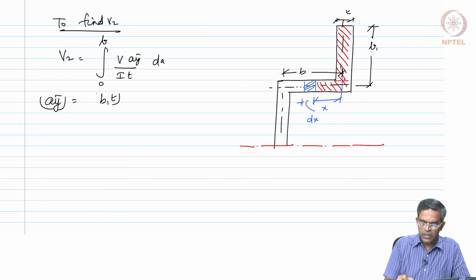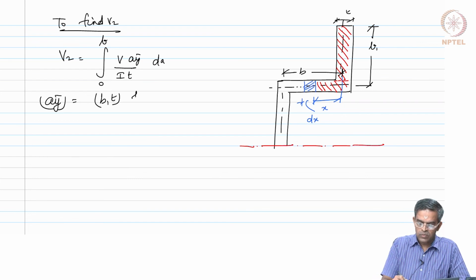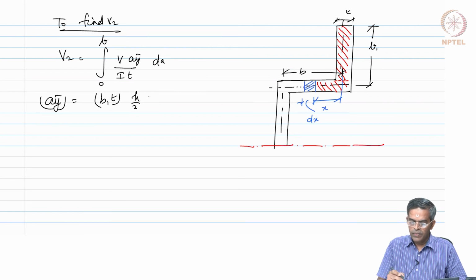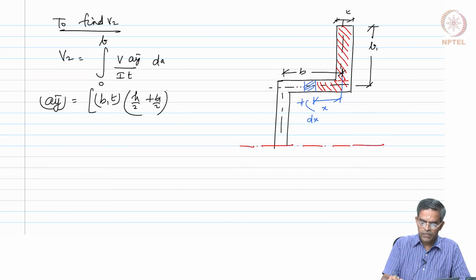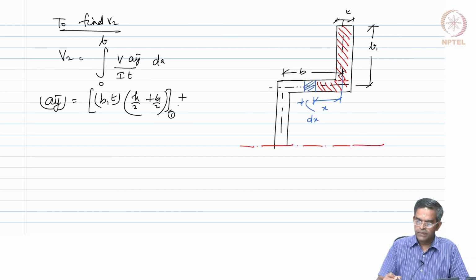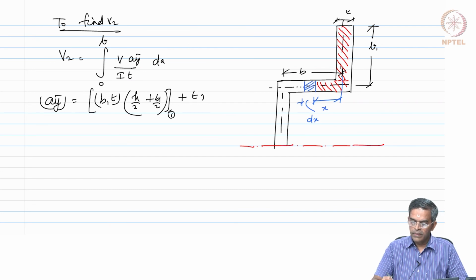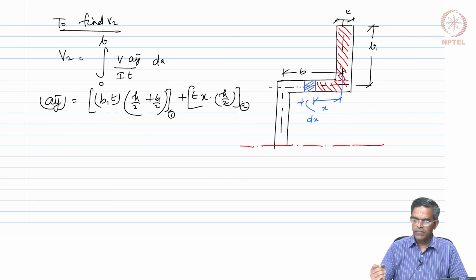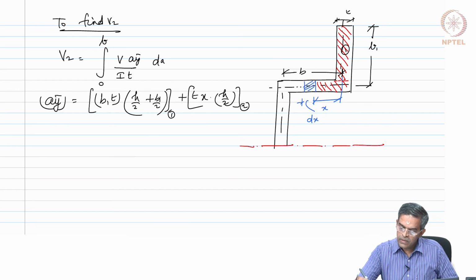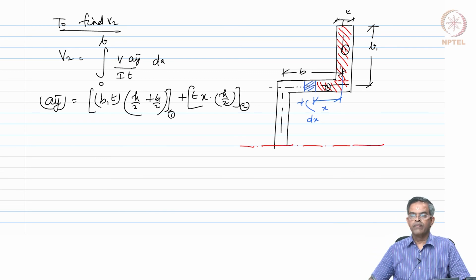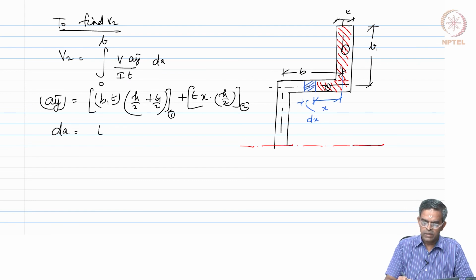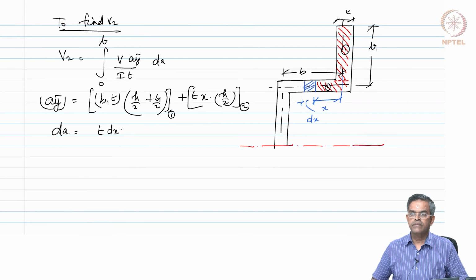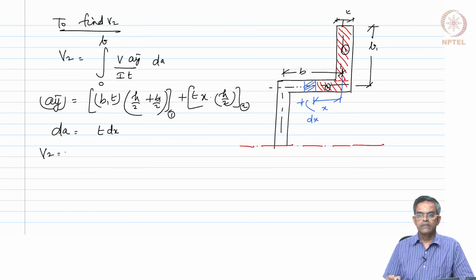So, B1 into T into h by 2 plus B1 by 2, that is the first piece, plus T into x into h by 2, that is the second piece. This is my first piece, this is my second piece. And dA is the hatched strip, which is T dx.